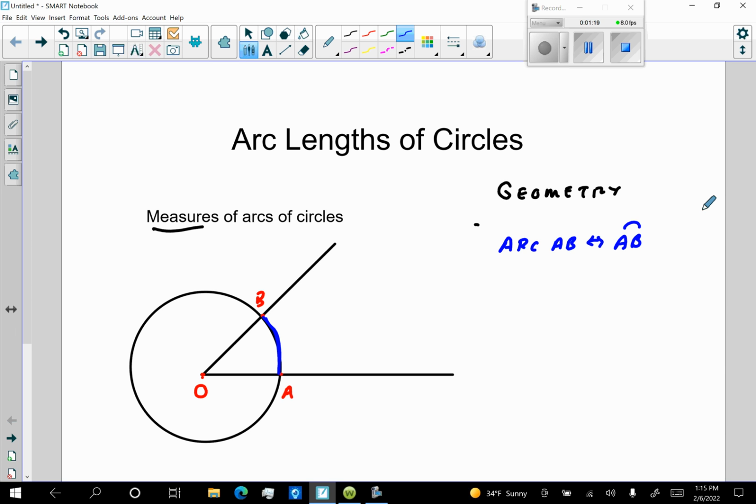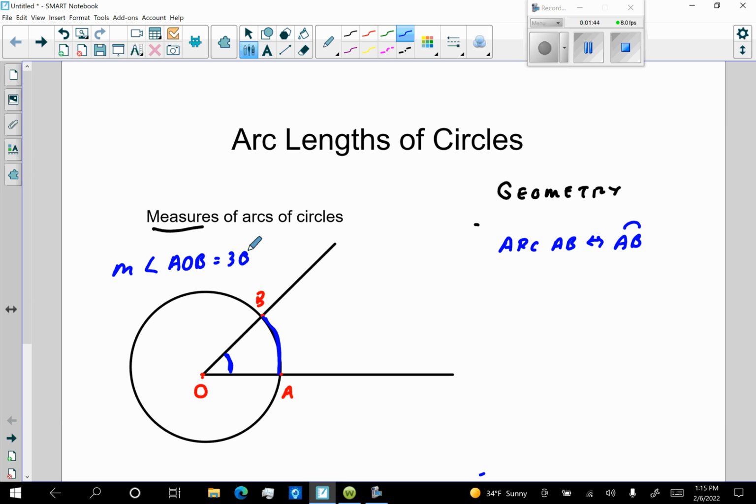Since the measure of the arc is less than 180 degrees, we call it a minor arc. And for this angle right here, let's just assume for a brief moment in time that it is 30 degrees. So we're going to say the measure of angle AOB is equal to 30 degrees.